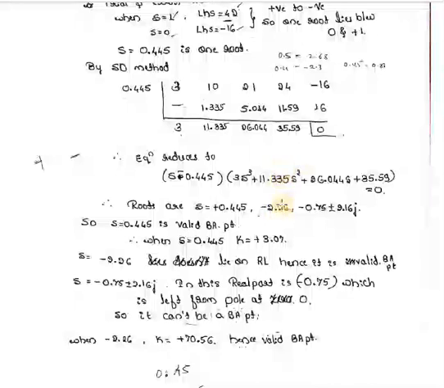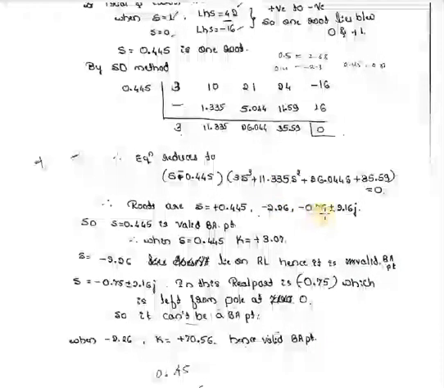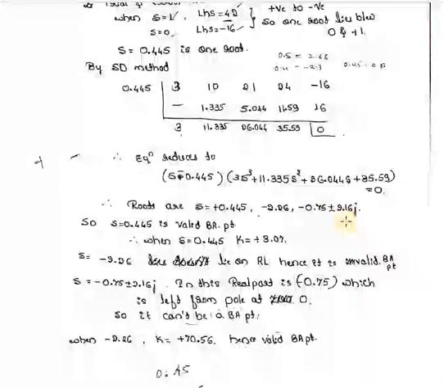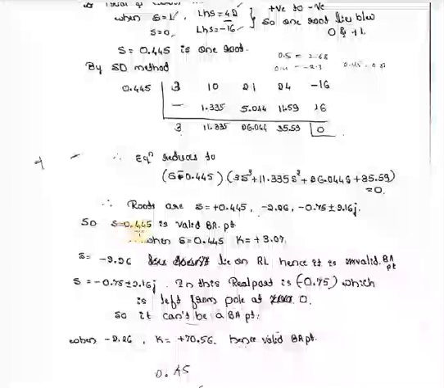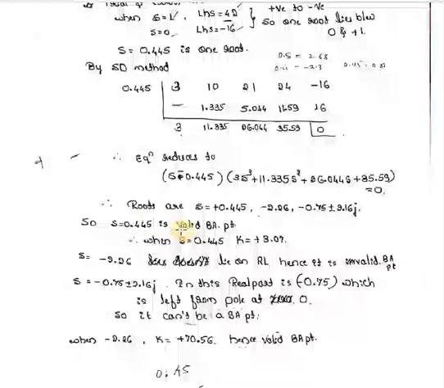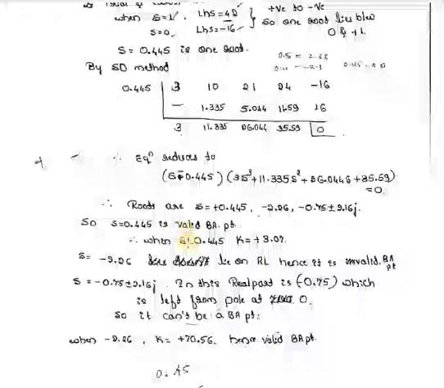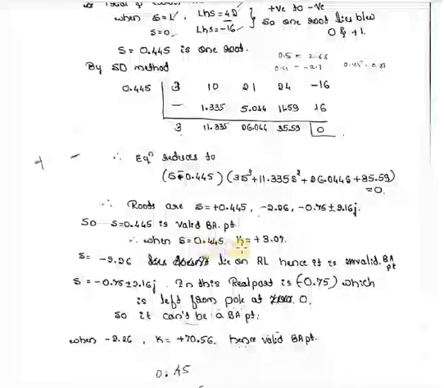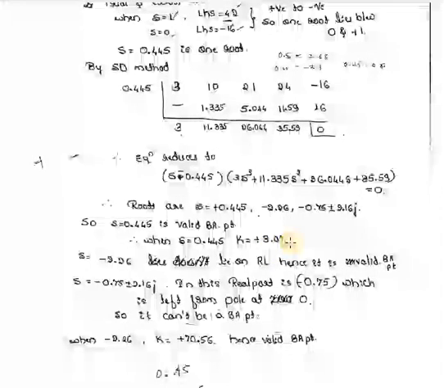For that the roots will be minus 2.26 and minus 0.75 plus or minus 2.16j. So this s equal to 0.445 is a valid breakaway point because it lies between 0 and 1. Otherwise, if you substitute this s equal to 0.445, your k value will become 3.07, that is with the positive sign.